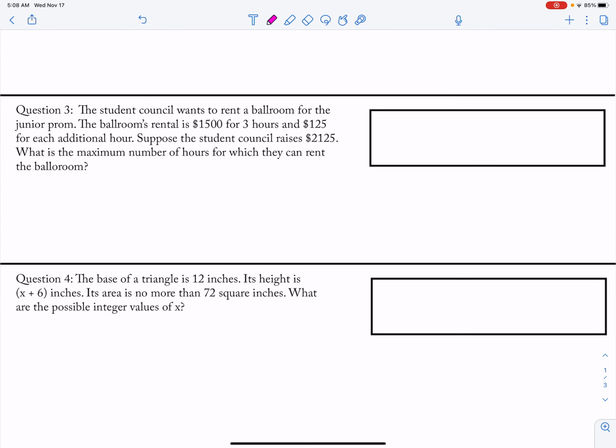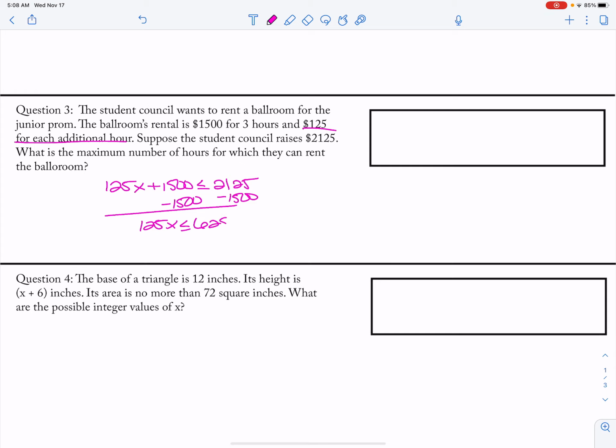When you read it, okay, so 125 for each additional hour. So 125x plus 1,500 has to be less than or equal to 2125. And then you solve this. You get 1,500 minus 1,500. So 125x is less than or equal to 625.